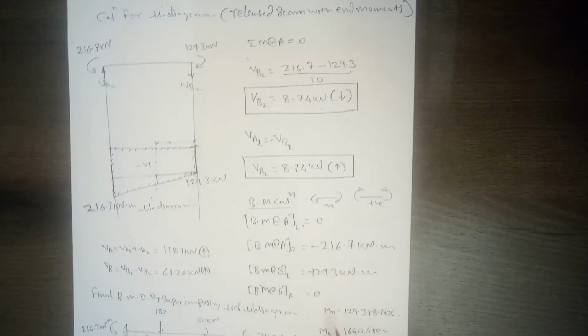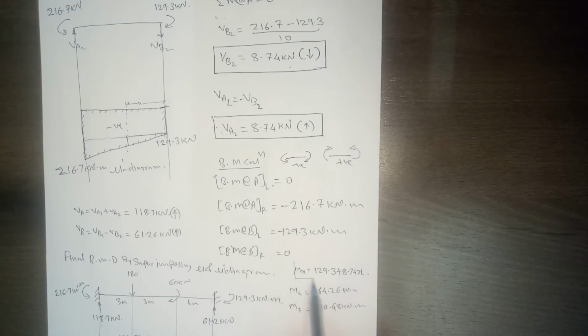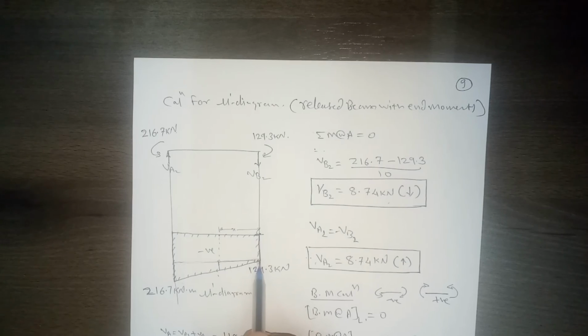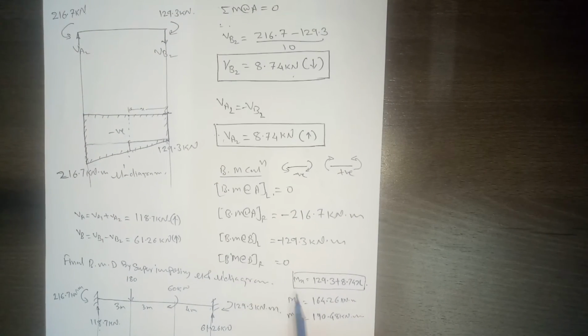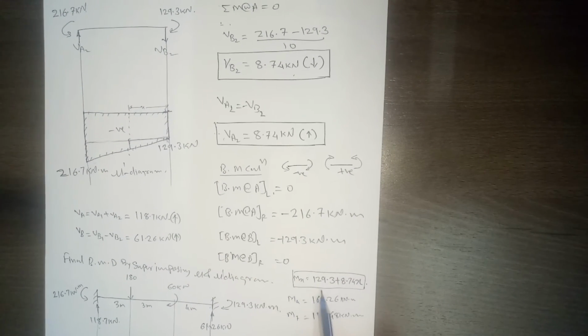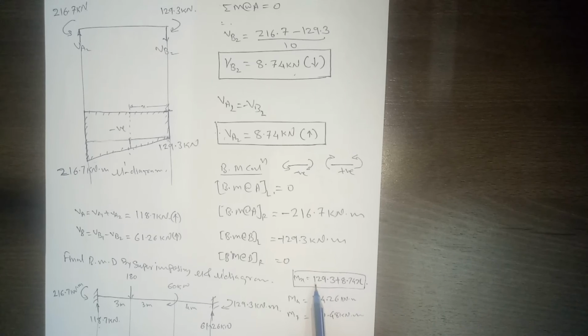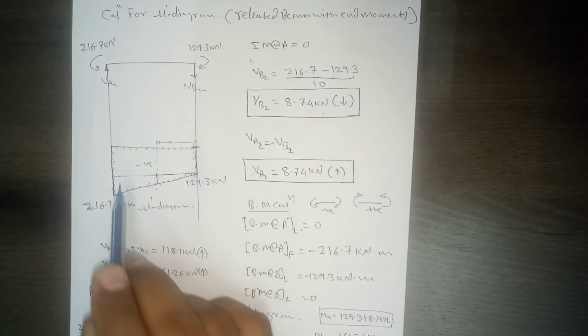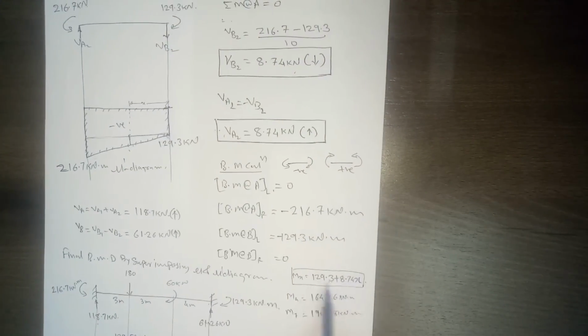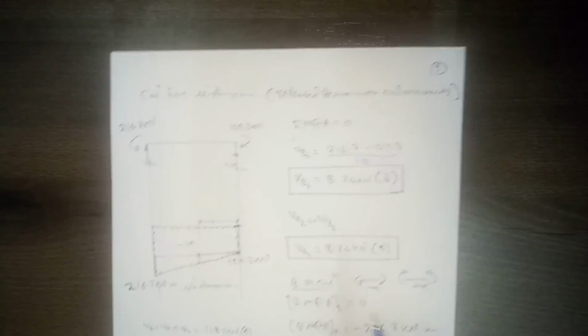You use the property of similarity and you can write down the Mx equation. So the Mx equation will be this moment plus this height, which we can calculate using similarity of triangles or interpolation, and that comes out to be 129.3 plus 8.74x.